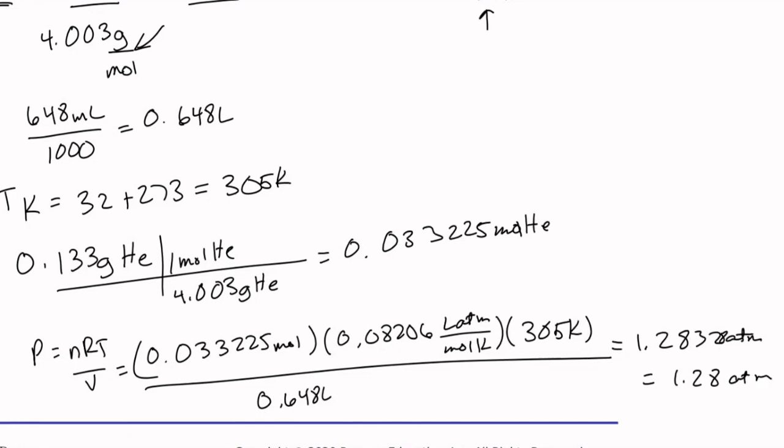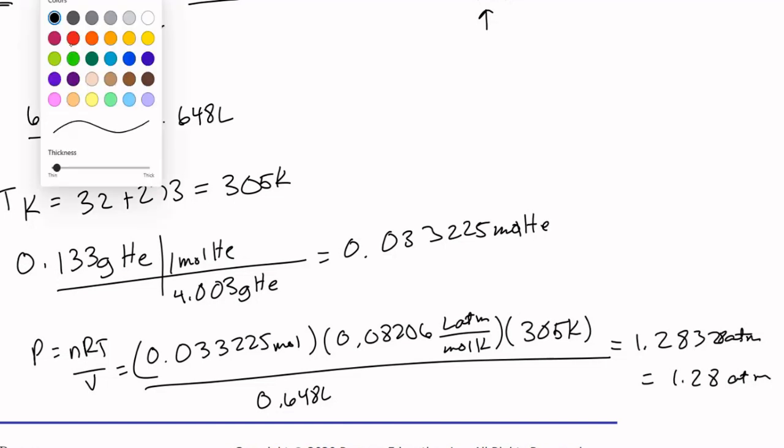And now we need to convert atmospheres to millimeters of mercury because we were asked for millimeters of mercury. So let's go ahead. I'm going to change colors and do that up here.